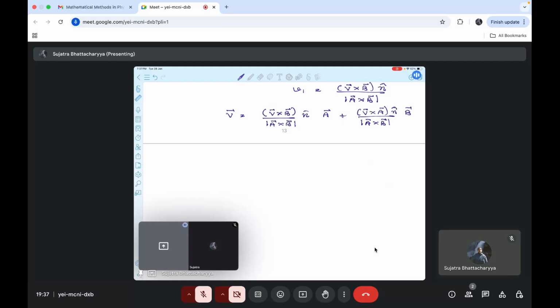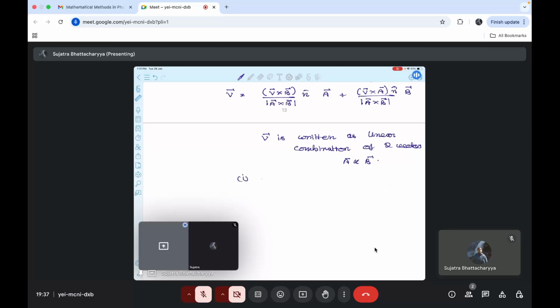So this is how v is written as a linear combination of two vectors a and b.